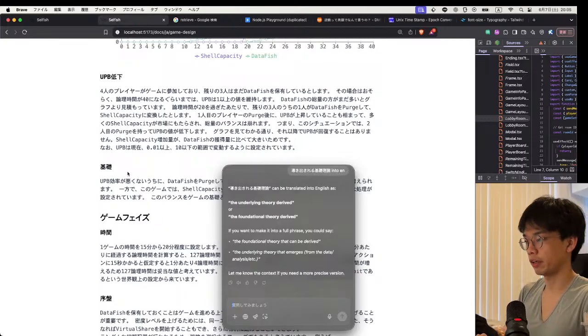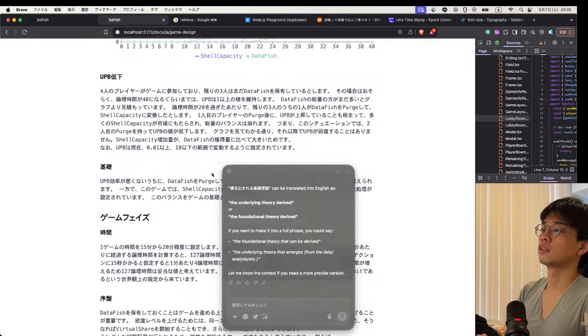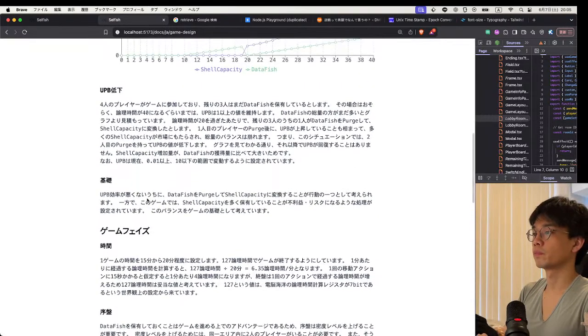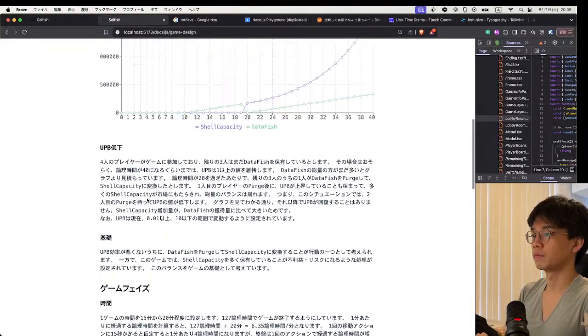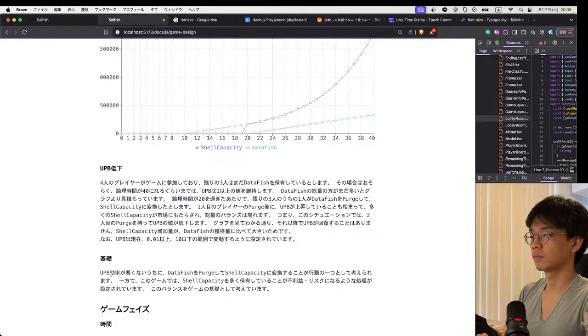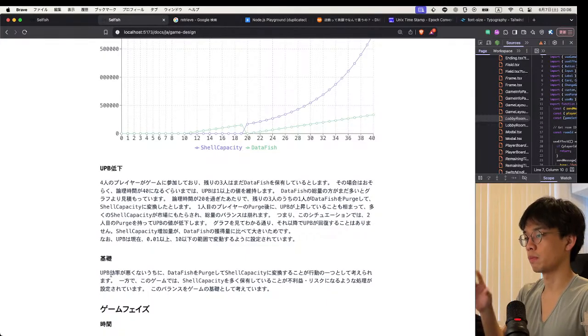So the foundational theory that can be derived: the players are likely to exchange data fish to shell capacity by the time the UPB is going down, going worse.